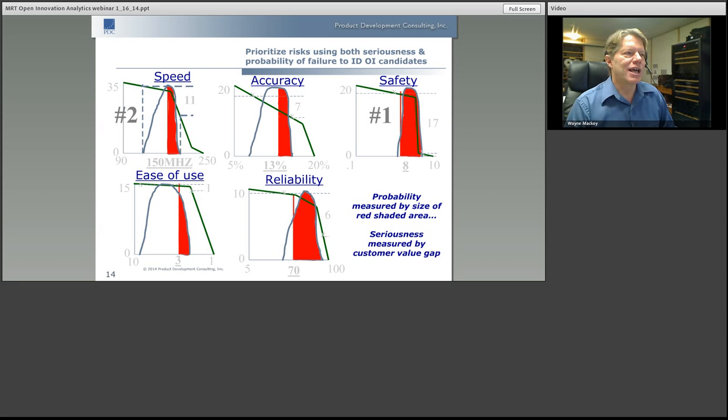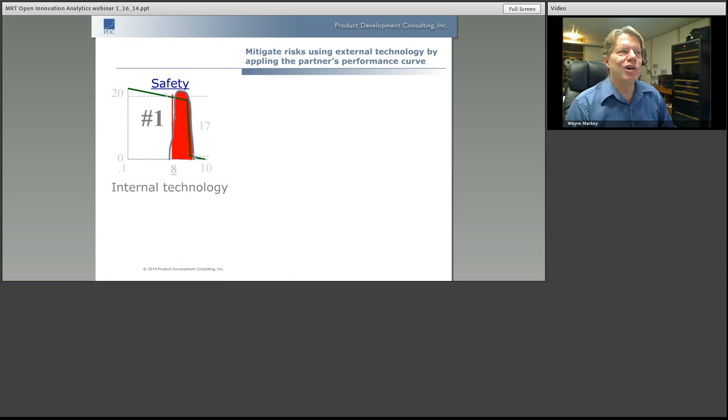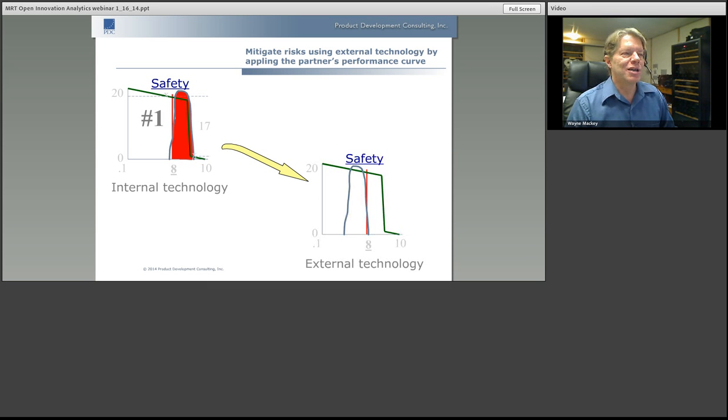But perhaps rather than managing our way out of all these risks, why don't we take a different look? Let's go to the external world and open innovation and say, okay, so this is our problem using internal technology from safety. If we have a good look at how other companies do this, perhaps companies that specialize in this safety aspect of our types of projects, what we might want to do is find somebody else's solution that moves that bar, that curve, if you will, of the overall performance to their curve.